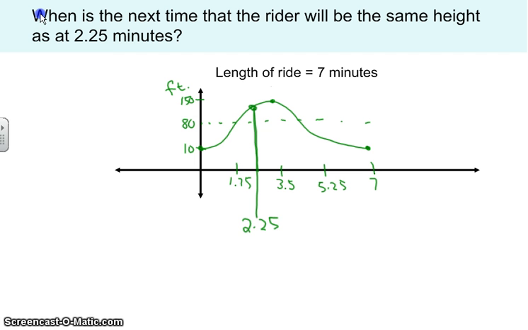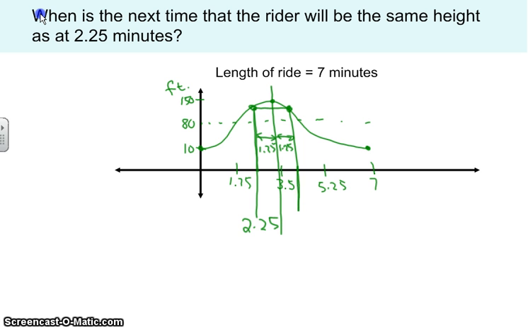You'll notice that my graph is symmetric over 3.5, or at least it should be if I drew it perfectly. And this is the next time they are going to be at the same height off the ground, right over here. Because it's symmetric, these distances are going to be exactly the same. So the distance between 2.25 and 3.5 is 1.25, and it's going to be the same over here.